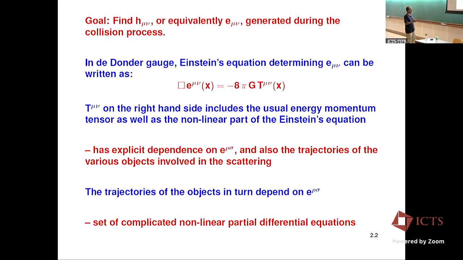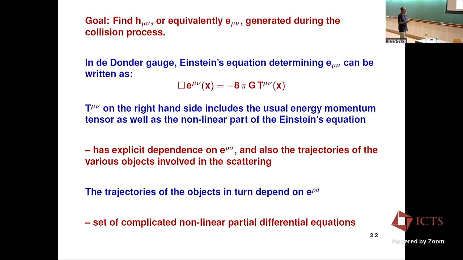So the starting point will be the field equations, and we will be using the harmonic gauge, and in this gauge the Einstein's equation that determines E mu nu takes the following form. Now this looks too simple, because this is something that we would solve for electrodynamics, for example, which is a linear theory.